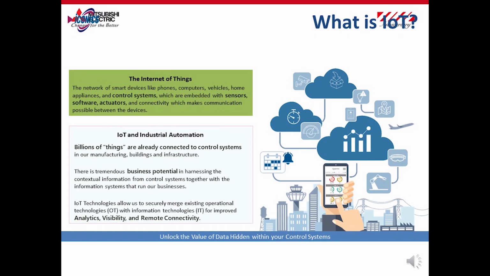What IoT technology allows us to do is securely merge existing operational technologies with IT for improved analytics, visibility, and remote connectivity. And that's what IoT is all about. So I can take these IoT devices and connect them up.